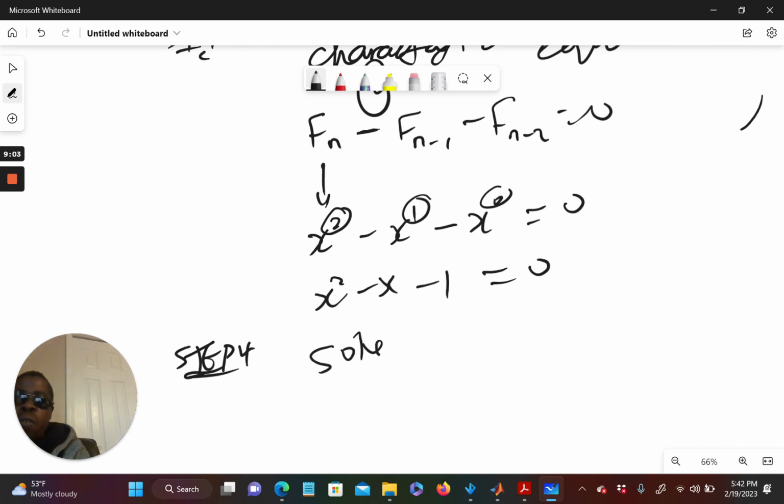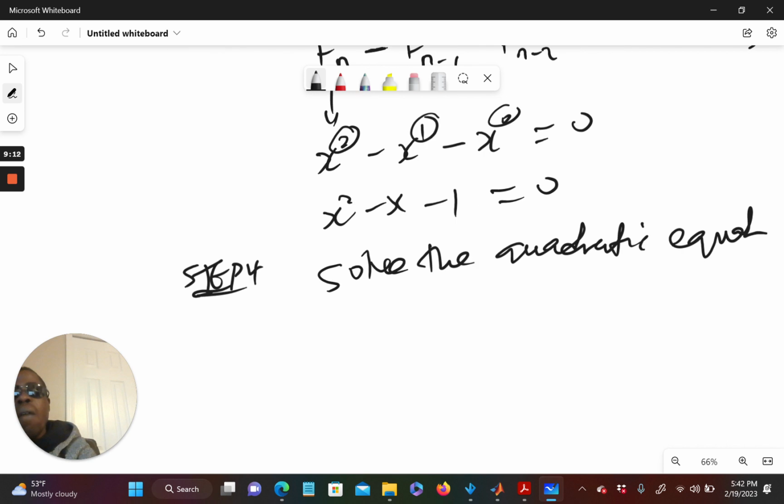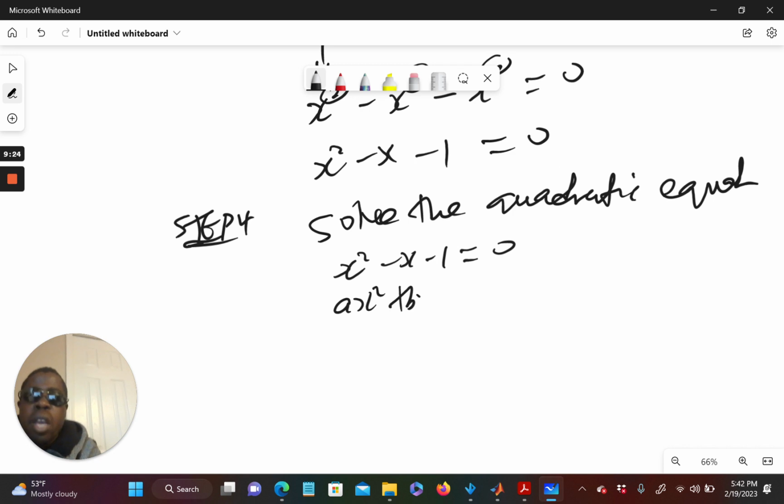Solve the quadratic equation, right? And if you solve this, you cannot readily factorize this, so you have to compare this equation here with the general one, ax squared plus bx plus c equals 0.